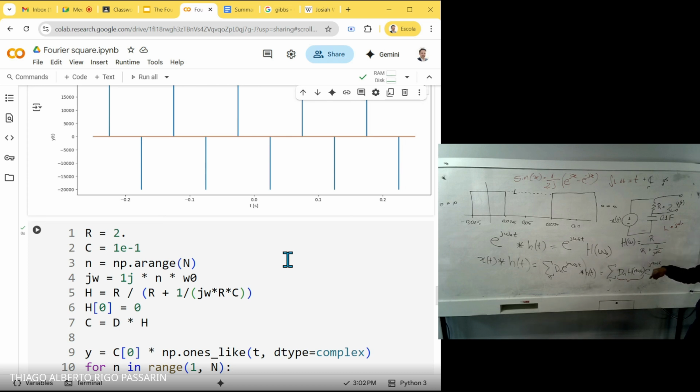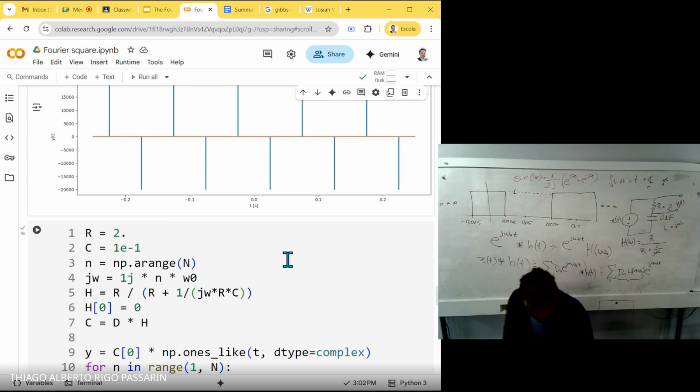But for electrical circuits, we know how to compute the frequency response right from the circuit diagram. So I could do the convolution, but I can avoid the convolution and just take the coefficients and multiply by this. I just put the n omega 0 here.